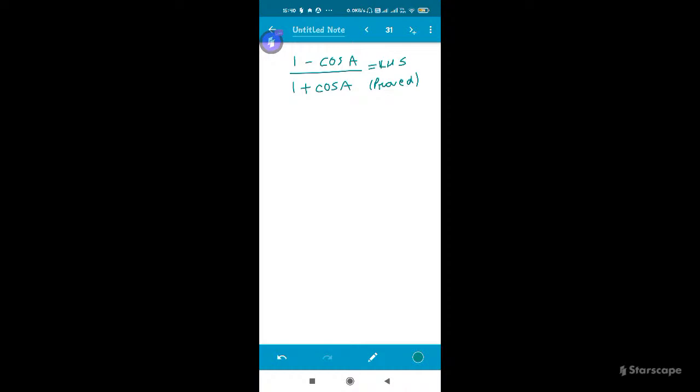Before that, we will do a quick recapitulation of the standard trigonometrical values for angles like 0 degree, 30 degree, 45 degree, 60 degree and 90 degree for sine, cos and tan, because these are the most important ones, and if you just inverse them you can get the values for cosec, sec and cot.